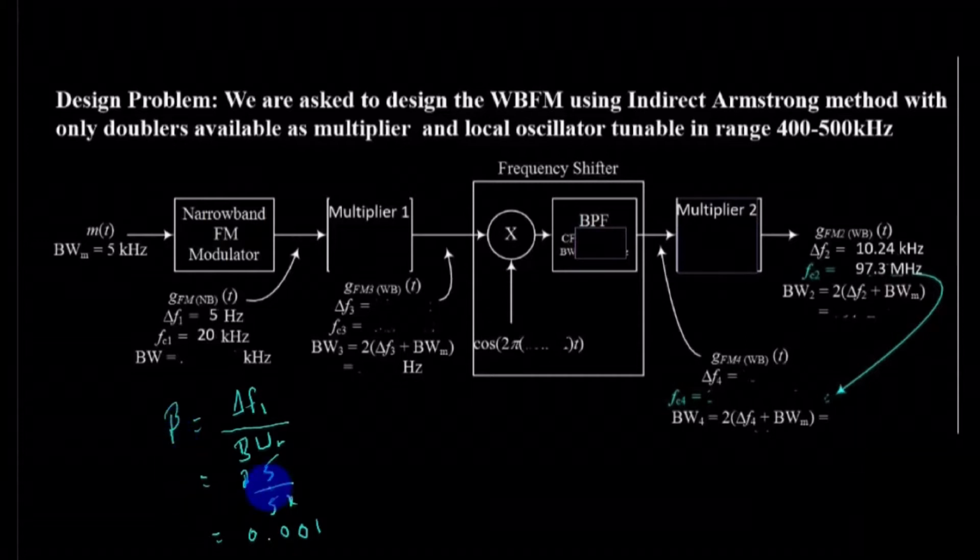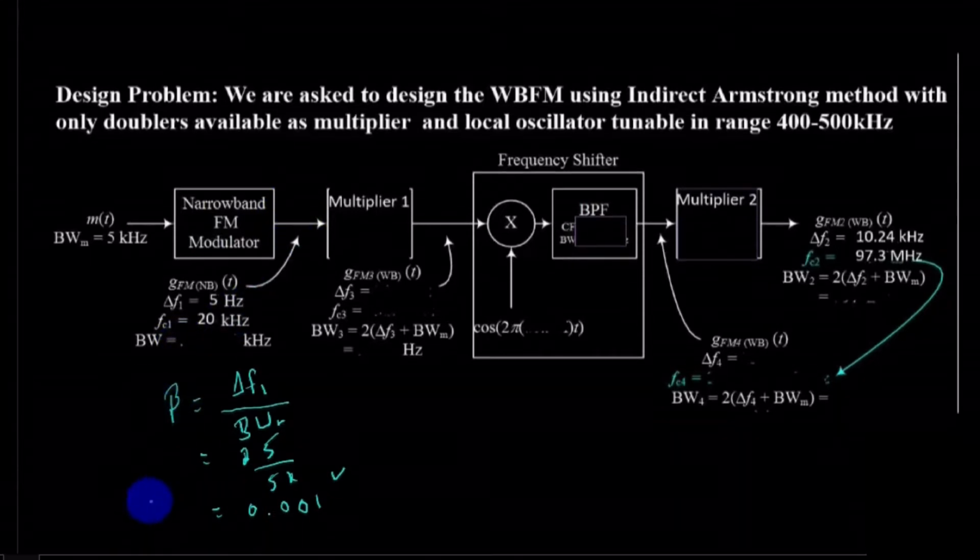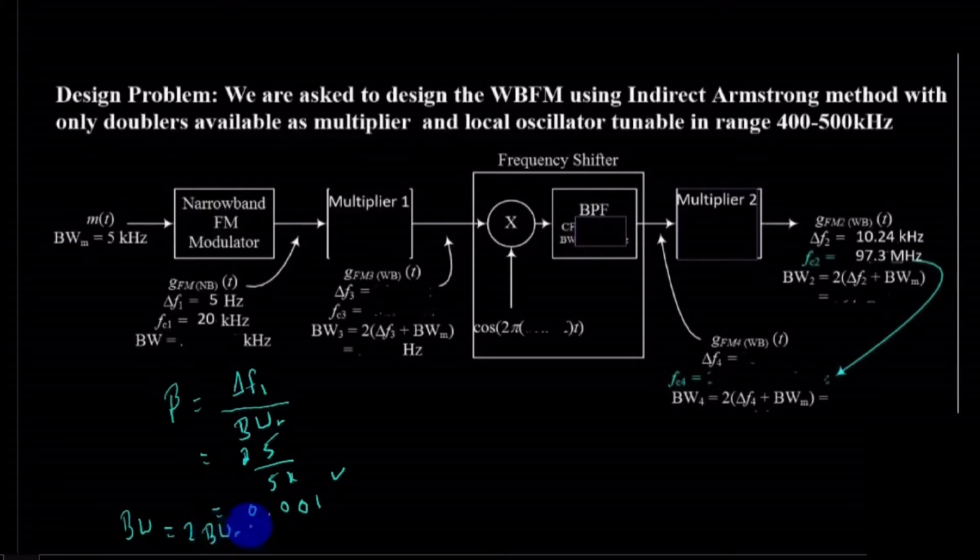So if beta is less than 0.3, or if it is much less than 1, then it is a prime example of narrowband FM. So this is checked. Over here we have narrowband FM, and by Carson's rule the bandwidth is equal to 2 BWM (beta plus 1), and beta over here is only 0.001.